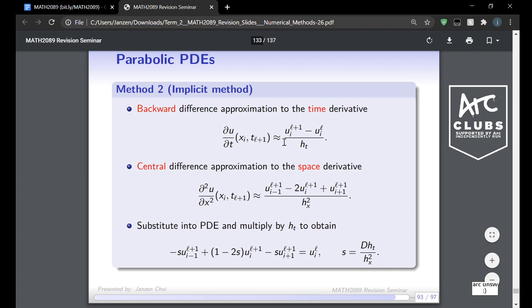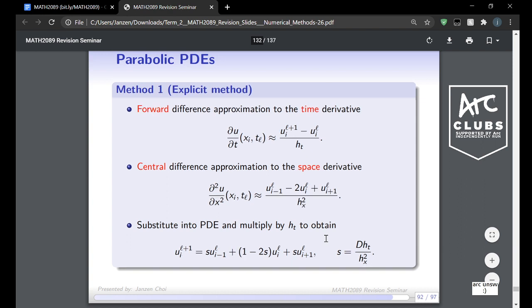However, they do employ the same method, in that you have to substitute these expressions back into the original PDE, rearrange it, and get into this sort of form. So as you can see here, the L plus 1 expressions are on the left, whereas the U superscript L is isolated on the right. So for the explicit, the U superscript L plus 1 was isolated instead.